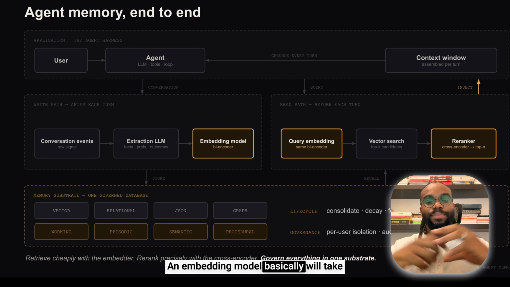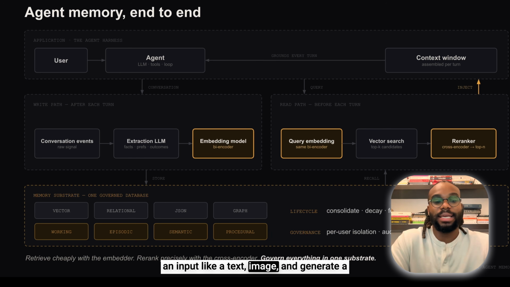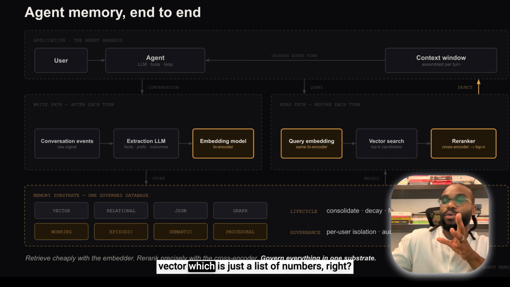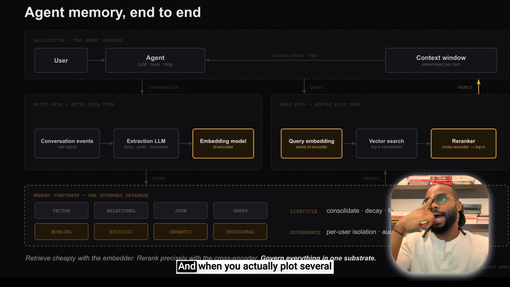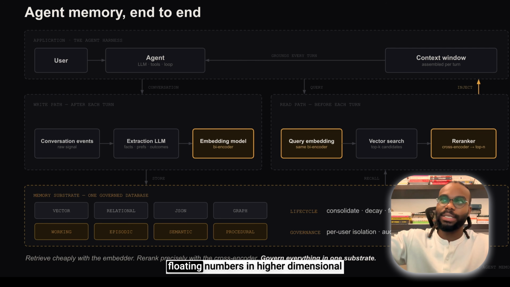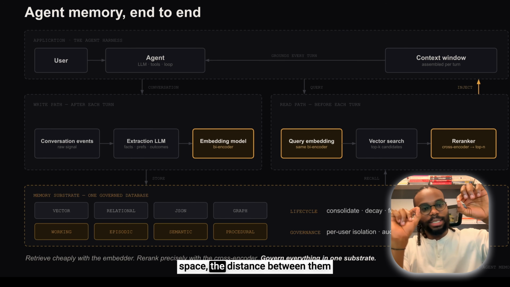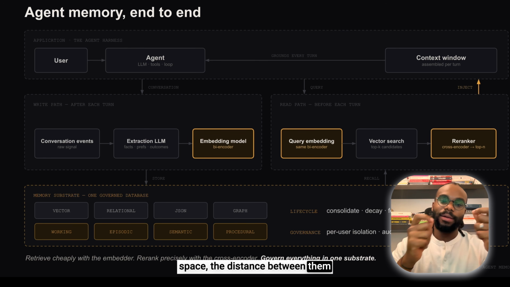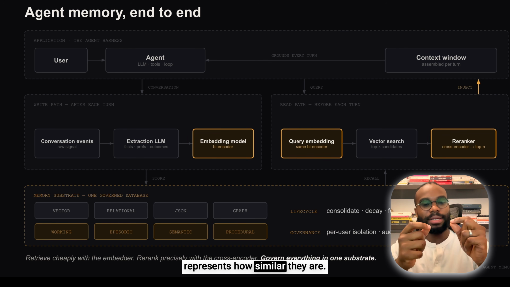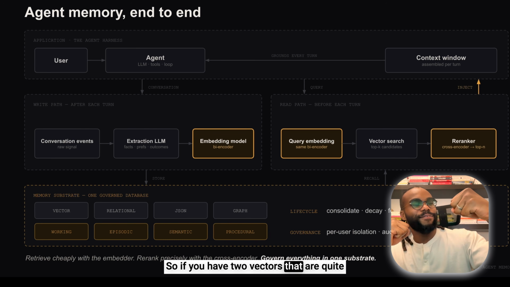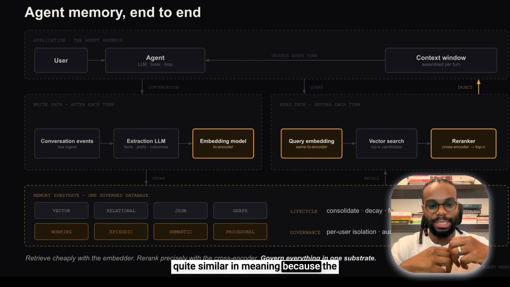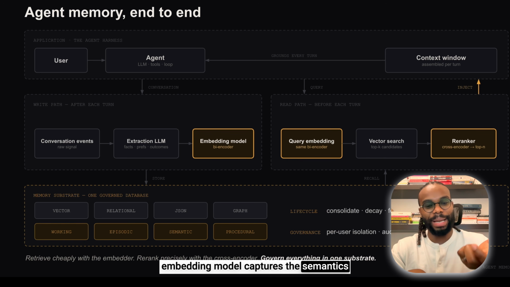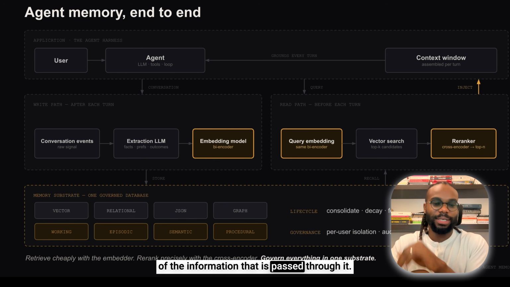An embedding model would take an input like text or an image and generate a vector, which is just a list of floating point numbers, right? When you plot several of these numbers in higher dimensional space, the distance between them represents how similar they are. So if two vectors are quite close to each other, it means they're quite similar in meaning, because the embedding model captures the semantics of the information passed through it.